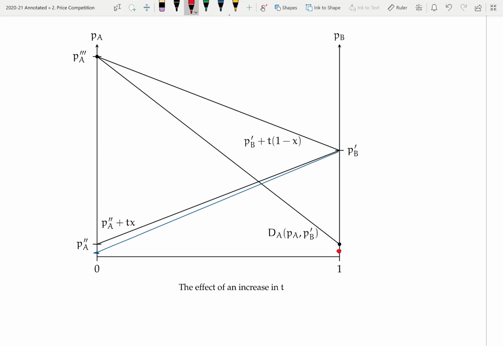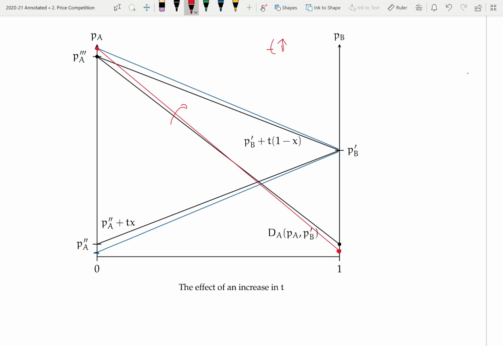That is, when is the consumer at 0 just indifferent between buying from A and B. B's delivered cost line has got steeper, and now the price where it intersects the vertical axis on the left is here. So this is another point on A's demand curve. And if we draw a line between those two points, we get A's new demand curve after the increase in transport costs. So to summarize, an increase in T is going to make A's demand curve steeper.